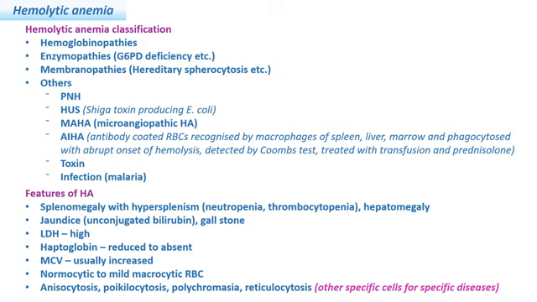LDH is high, haptoglobin is reduced to absent, MCV usually increased, normocytic to mild macrocytic RBC, anisocytosis, poikilocytosis, polychromasia, and reticulocytosis, and a few specific cells for specific types of hemolytic anemia.